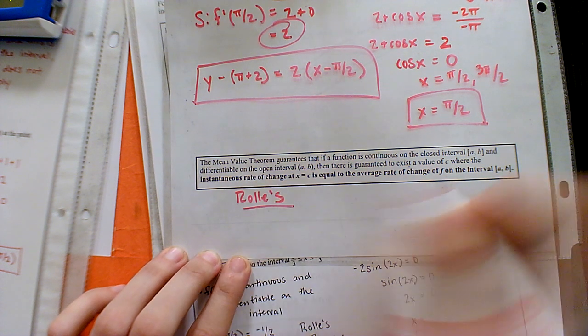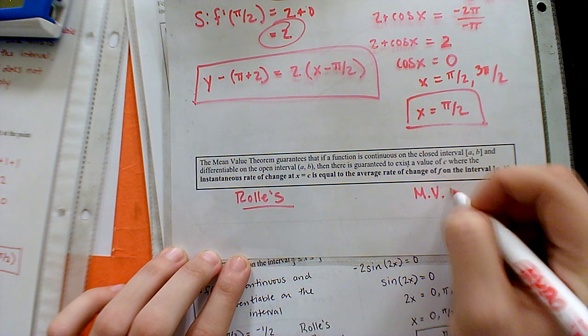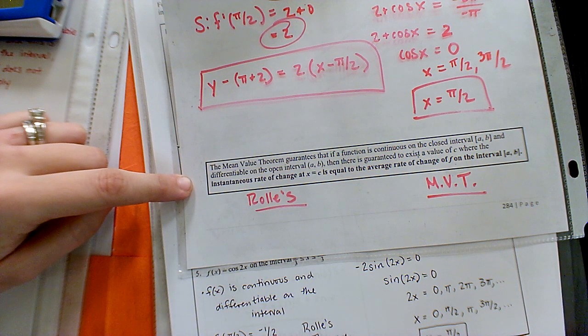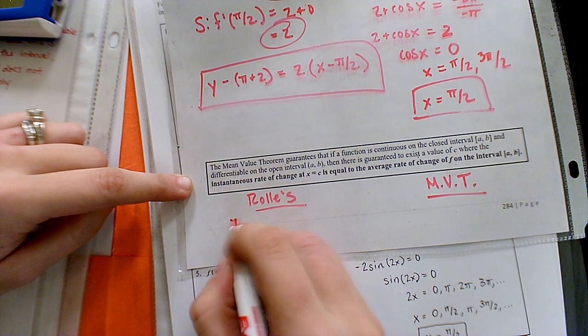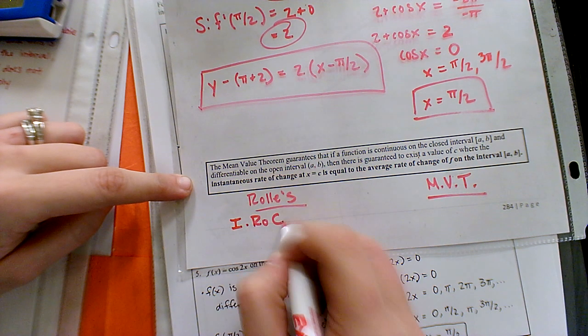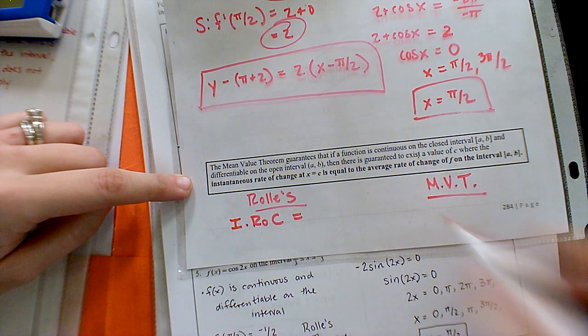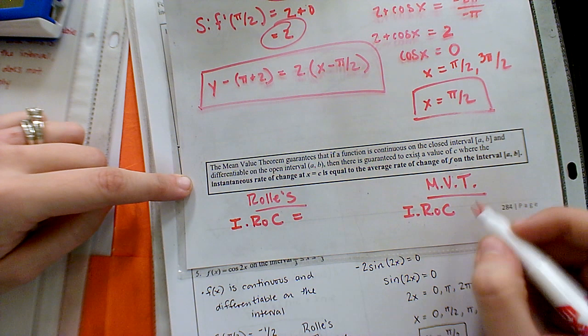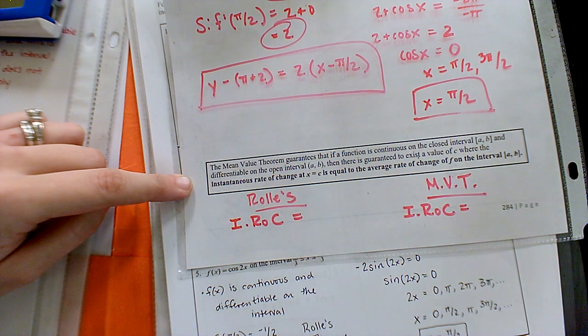All right, at the very bottom, just so we have it, let's go ahead and write down the difference between Rolle's and the mean value theorem. Okay, so Rolle's, the instantaneous rate of change equals something, and then for the mean value theorem, the instantaneous rate of change equals something different.